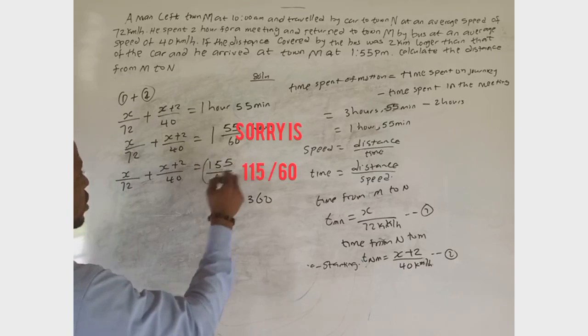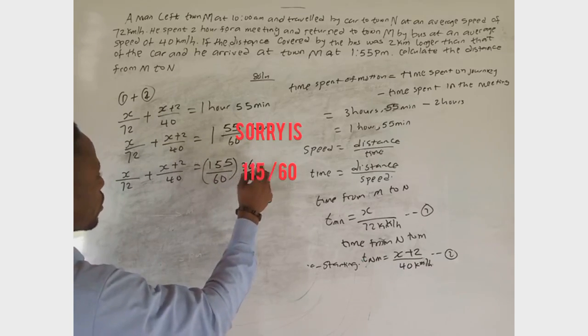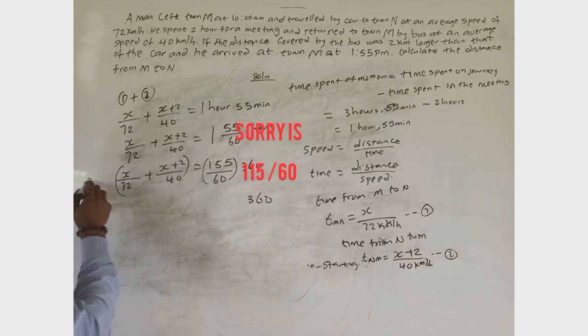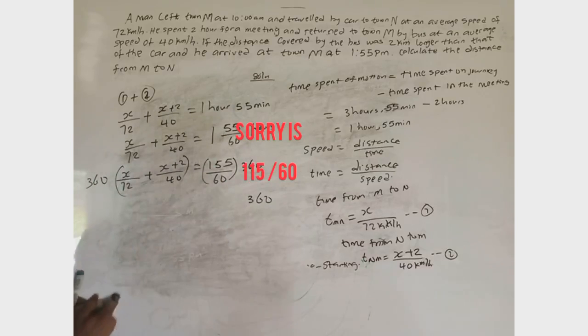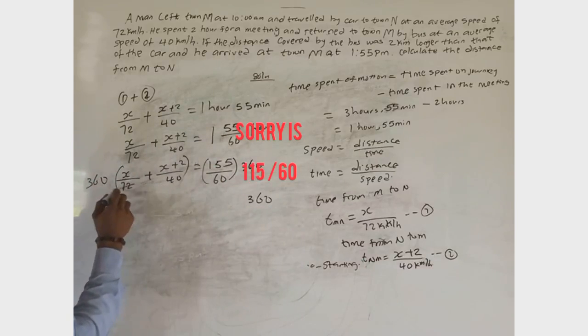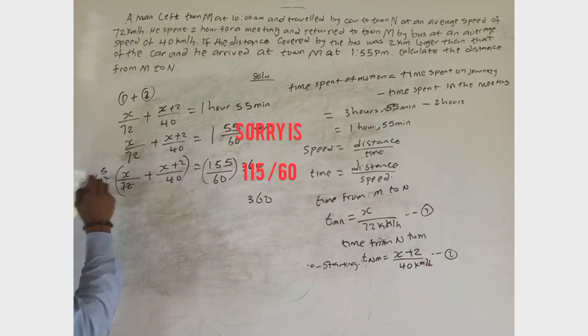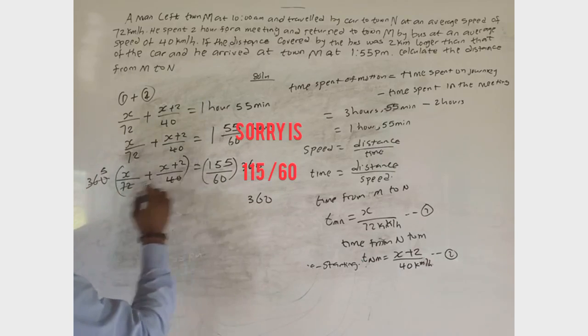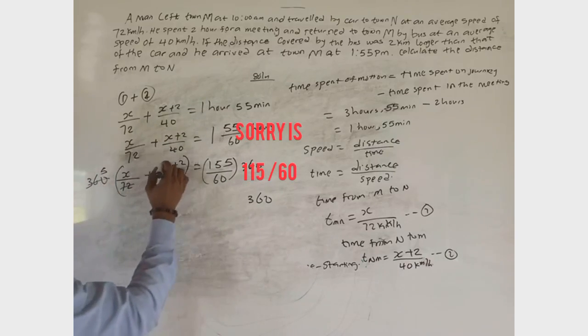When you multiply this side by 360 and that side by 360, we get the following.